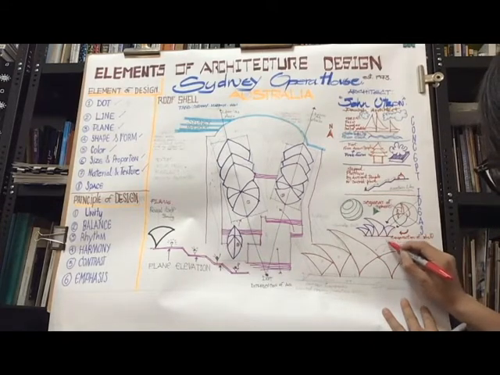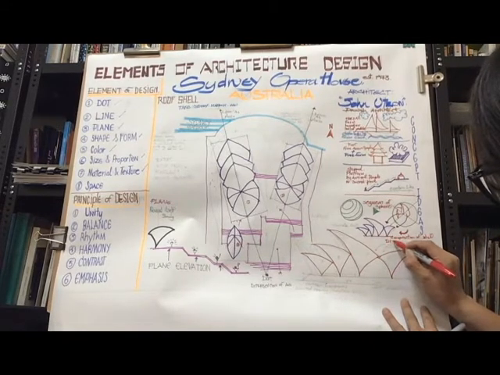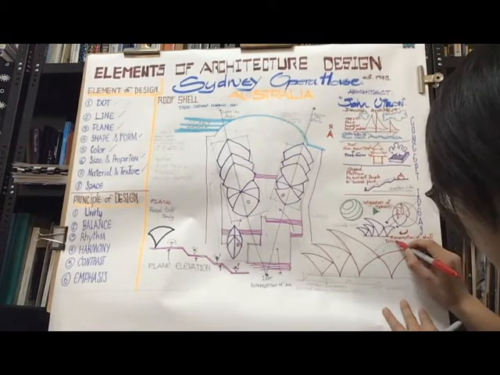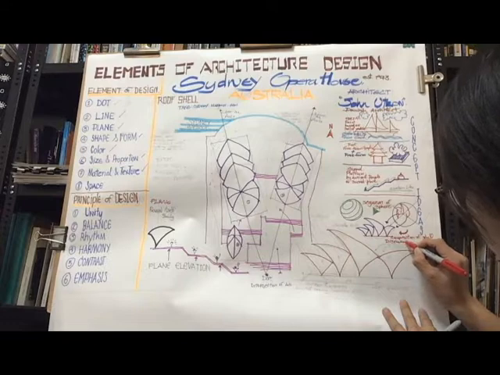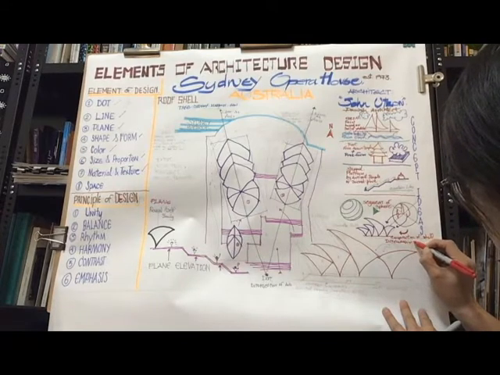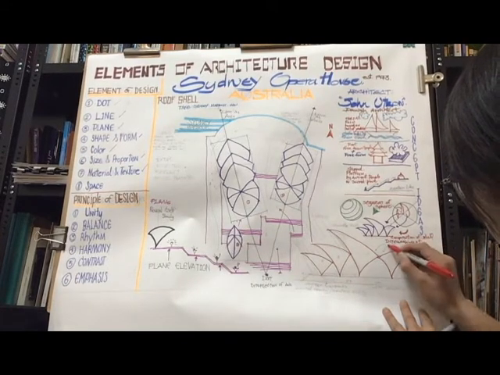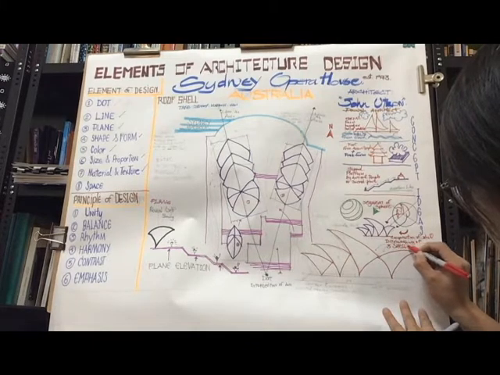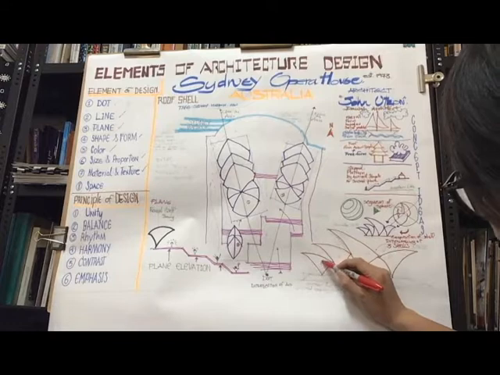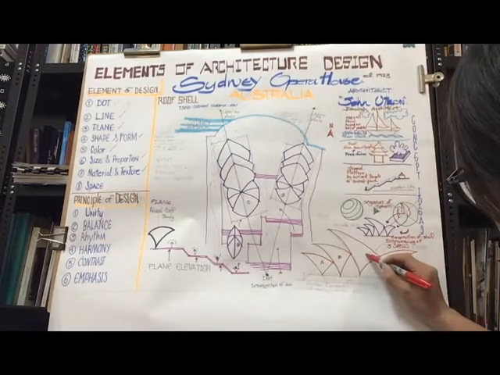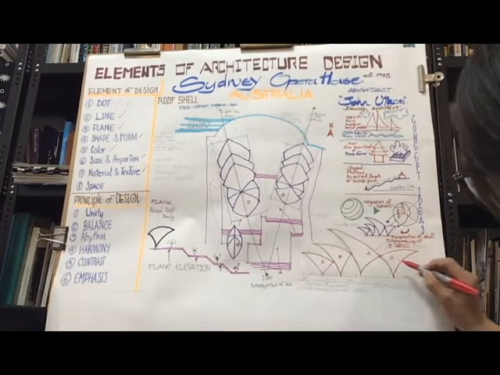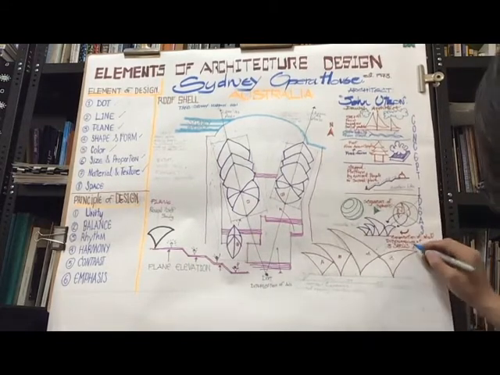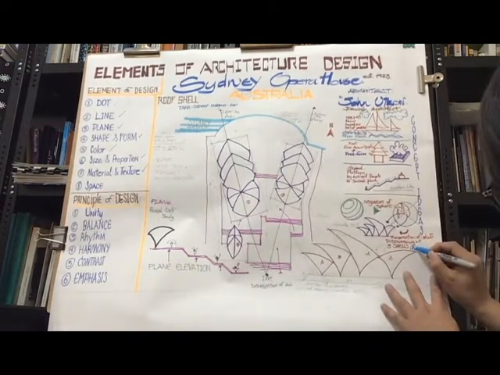We call it interlocking, เกาะเกี่ยว นั่นเองนะครับ, interlocking of three shells, A, B and C. So we have three shells there.